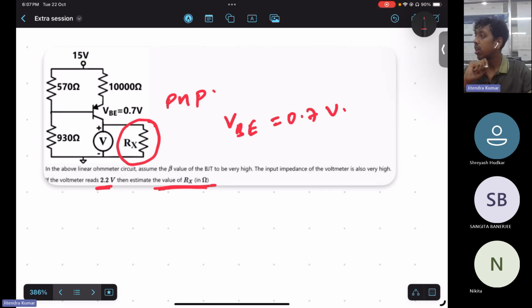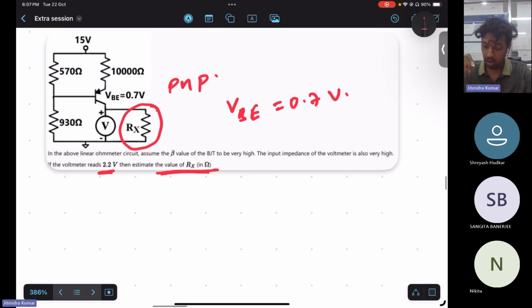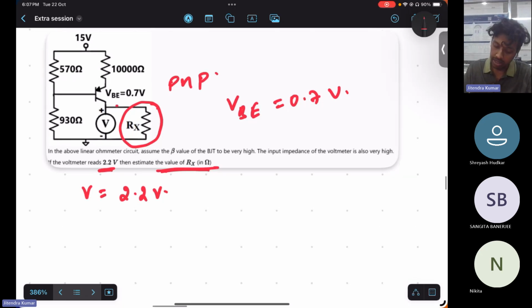We need to find out this Rx. How can we find it if we know the current in this branch and the voltage of that branch, right? The voltmeter is connected across Rx, and it will read the voltage across Rx. So V is given as 2.2 volt. The only thing remaining is the calculation of current in that branch. So how much current is flowing here, which is essentially which current, collector current or emitter current?